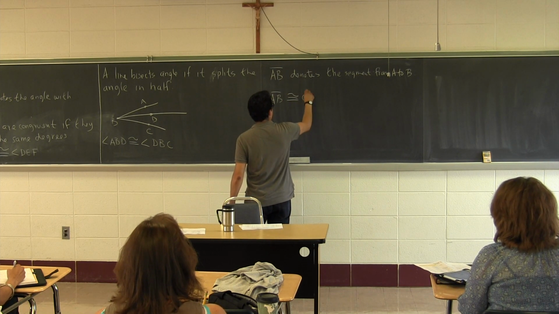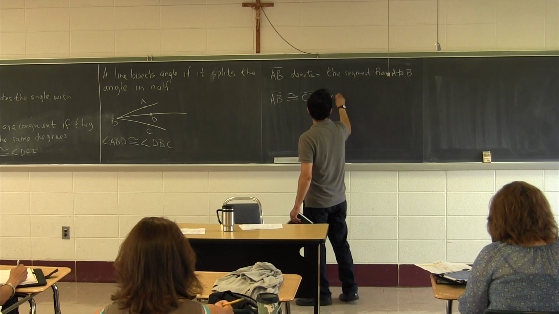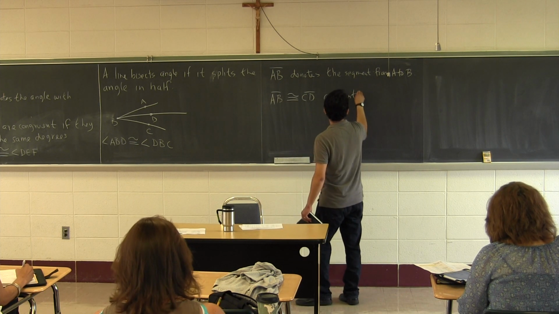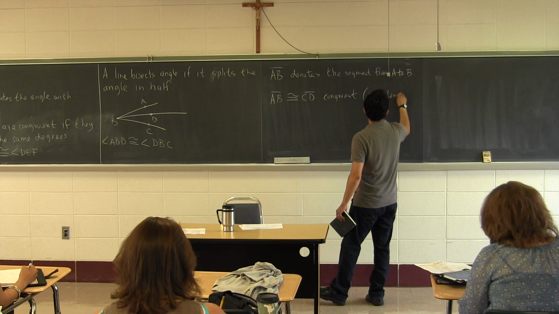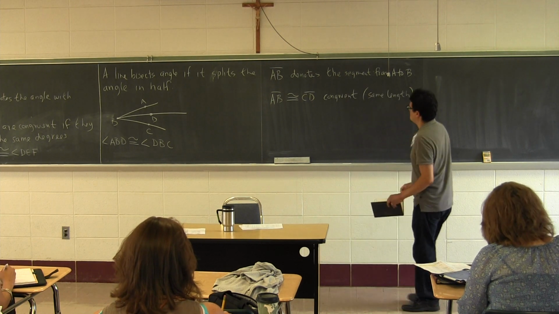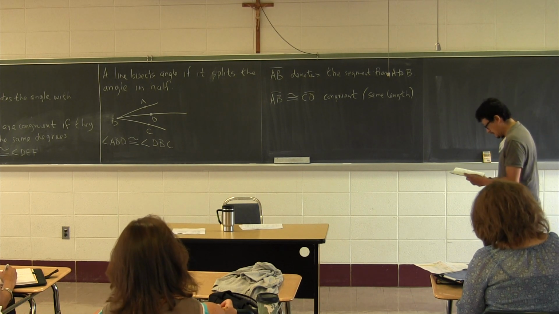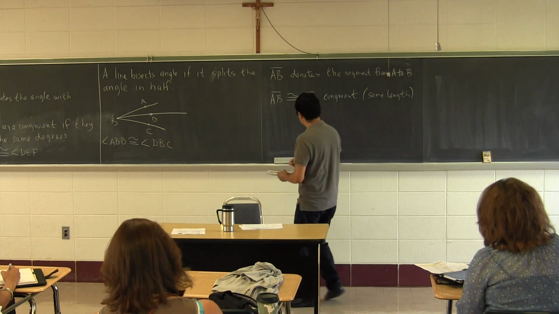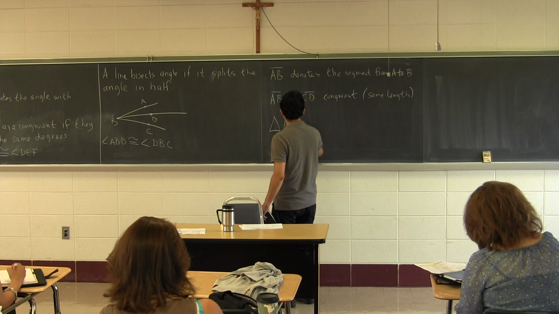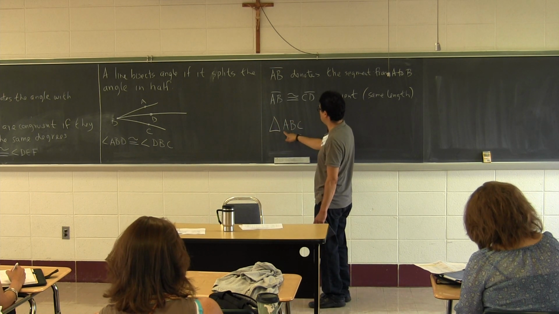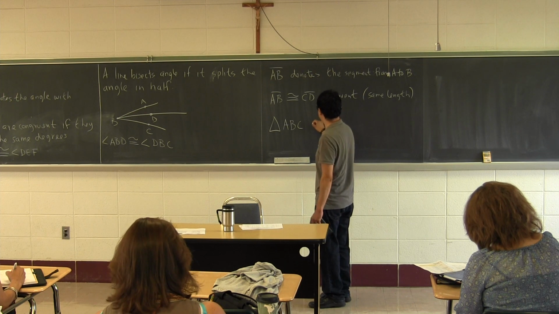This symbol means this is the triangle with vertices A, B, and C.